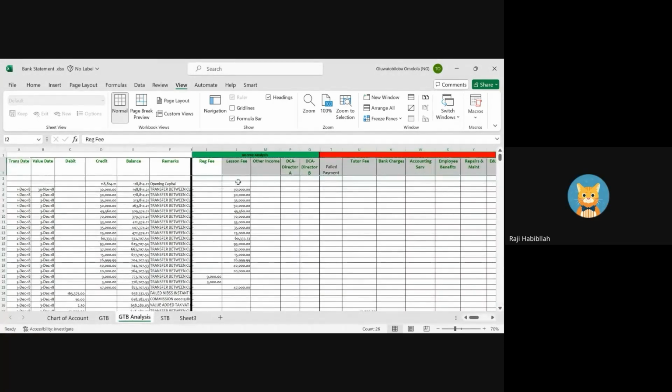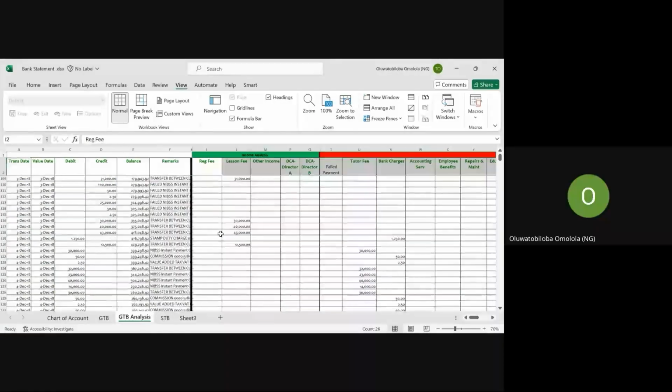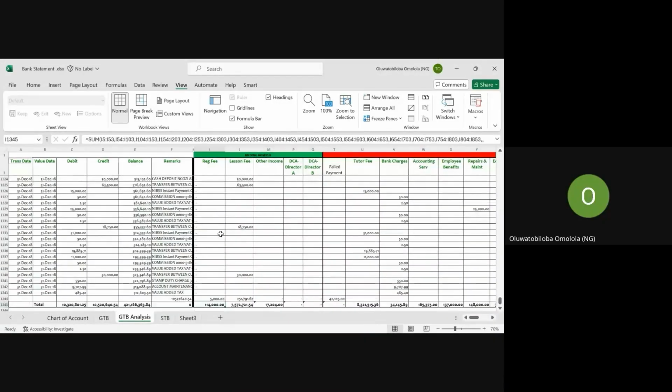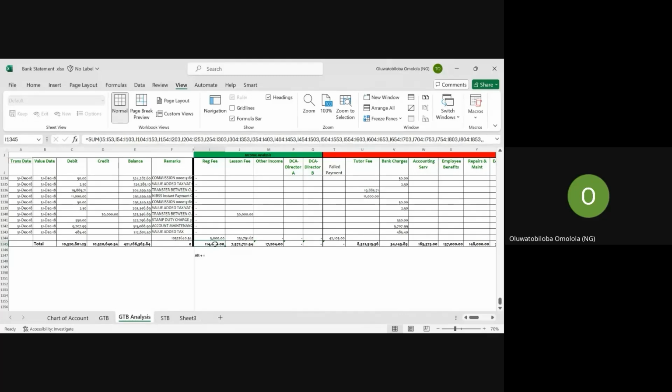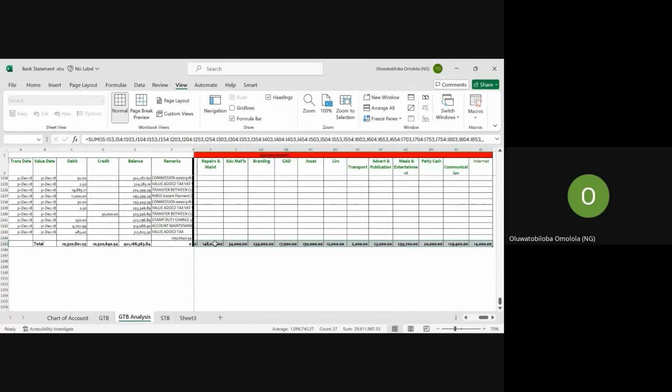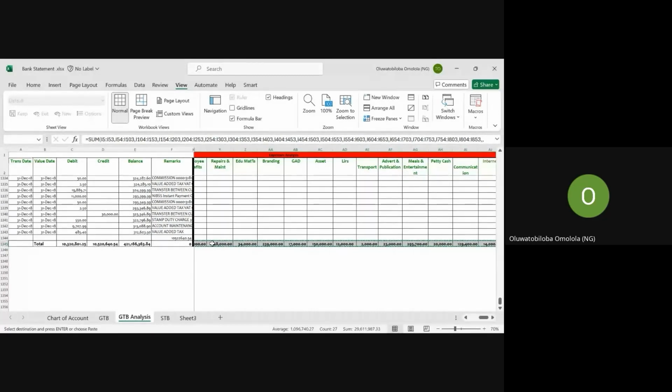Okay, sir. All right. So once you have copied that, you also copy your total column. You copy your totals.